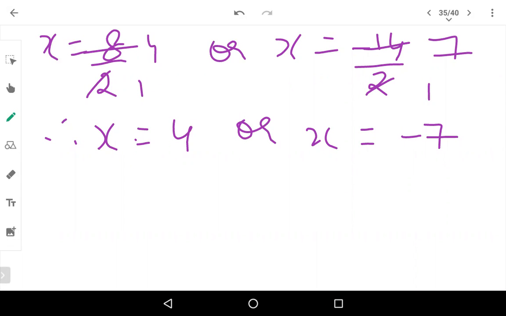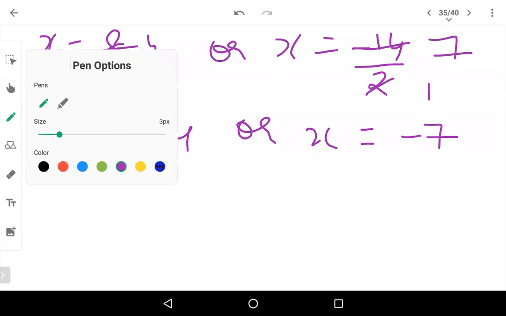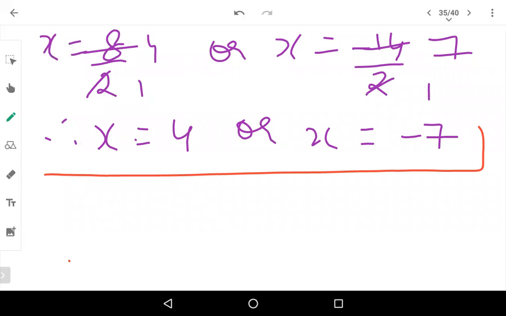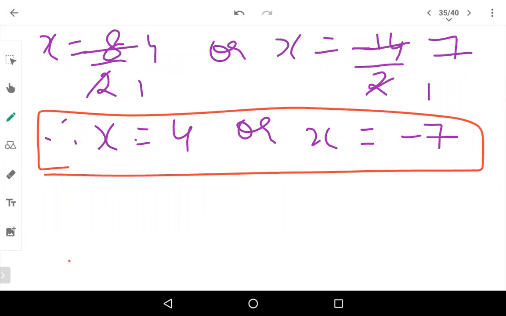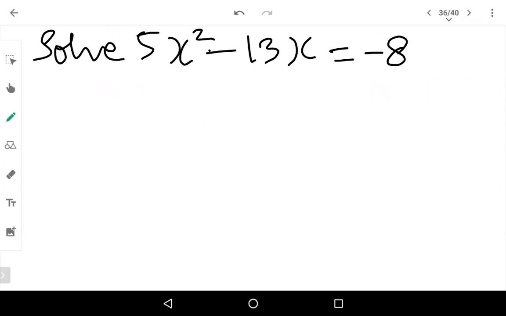Okay, good, Rida. Anusha also got the answer. Very good. So x is equal to 4 or x is equal to minus 7. Clear? Any doubts? Yes, very good. Can we go for the next question?